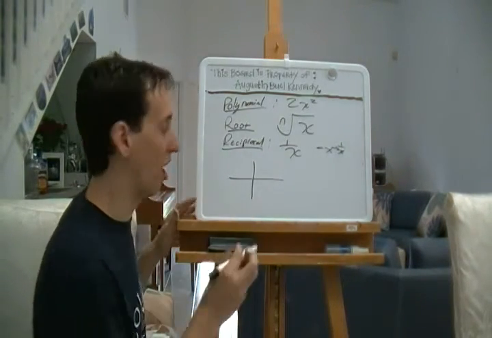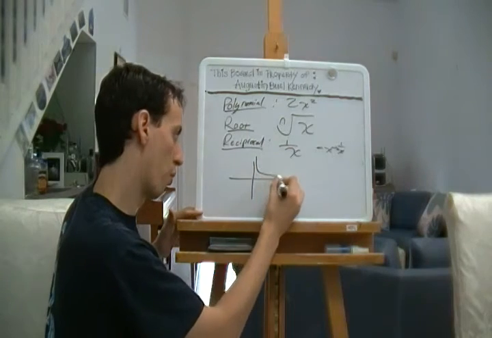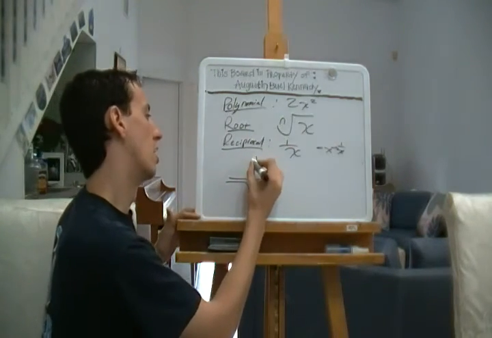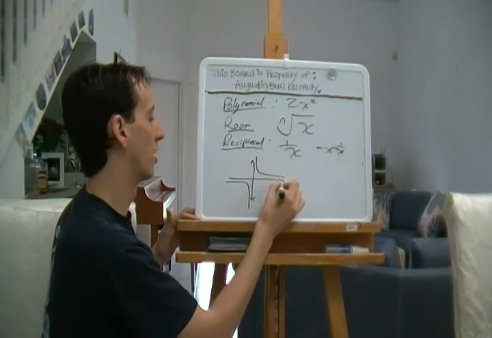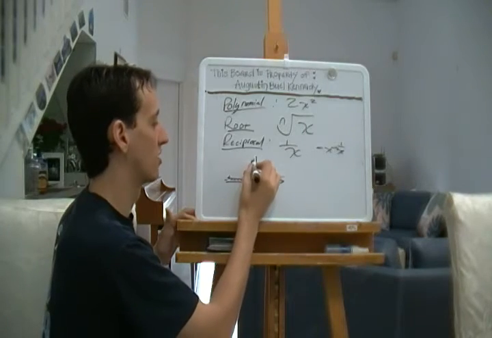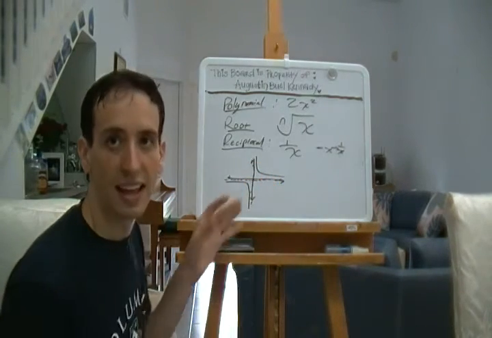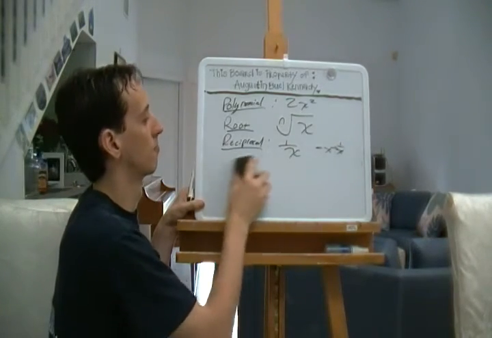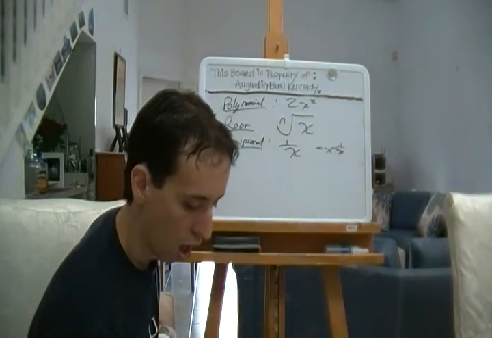It's asymptotic, a hyperbola. That's pretty bad, but that's basically what it looks like. And if you remember, it never actually touches the axes. And that's a reciprocal function: 1 over x equals f of x.